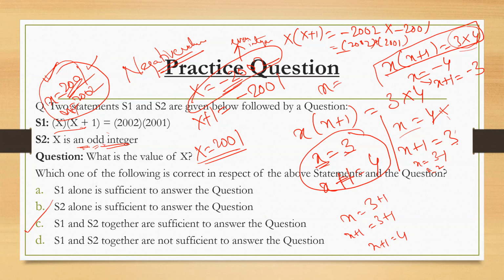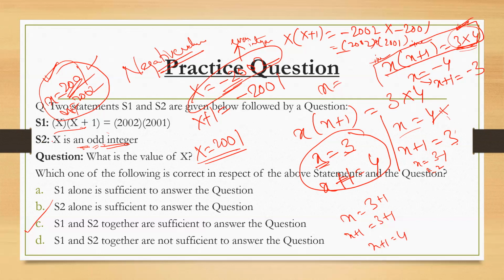The only condition given here is that this equation should be satisfied. So here we get two values. X is equal to 3 is the positive value, whereas at the same time, when we take a negative integer here and again a negative integer, the multiplication is positive that we see here. Okay, sir. Okay.